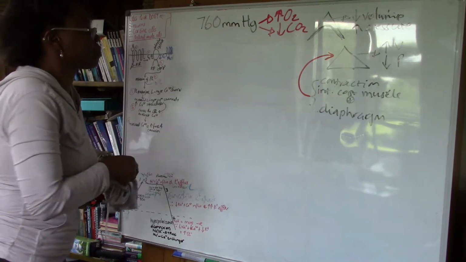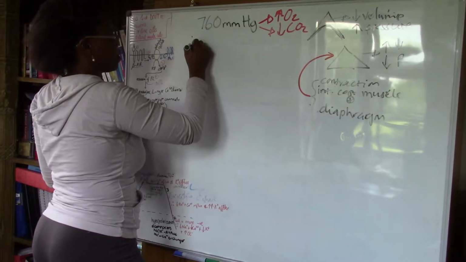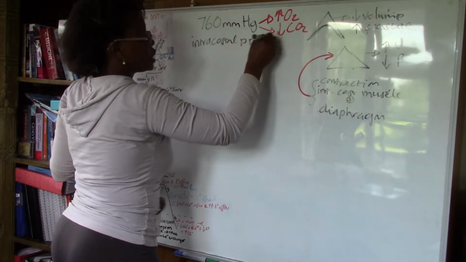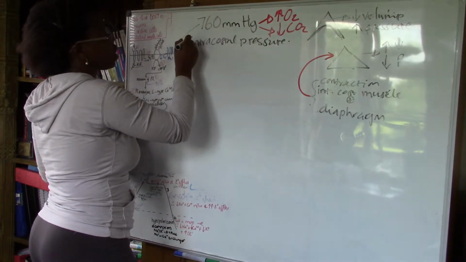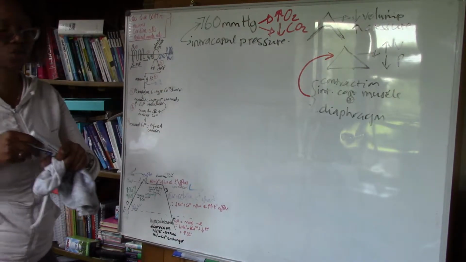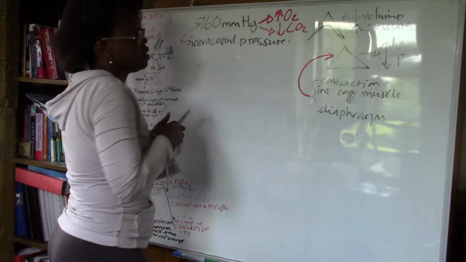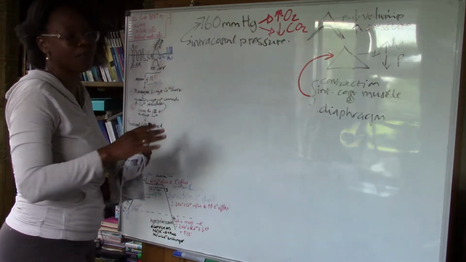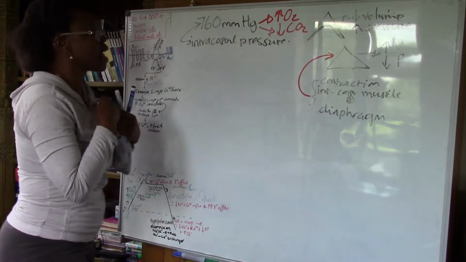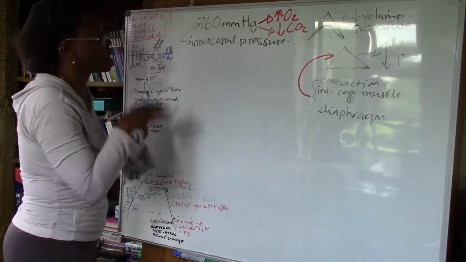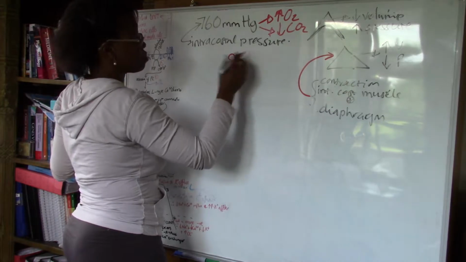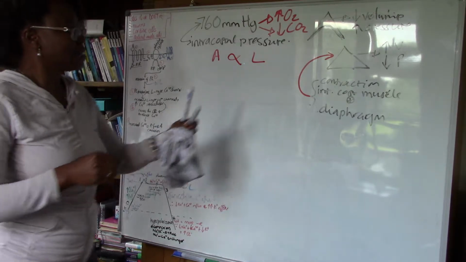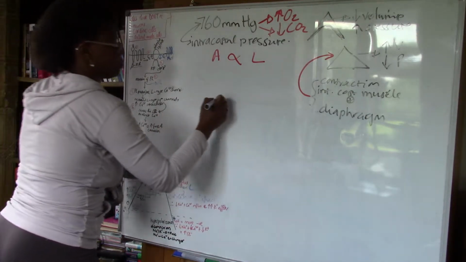So normally the intrapulmonary pressure is assumed to be equal to the atmospheric pressure, really, in order to explain gaseous exchange. So if we say we're starting at an equilibrium, all the pressures inside our lungs and the atmospheric pressure are all equal, lung and atmosphere.